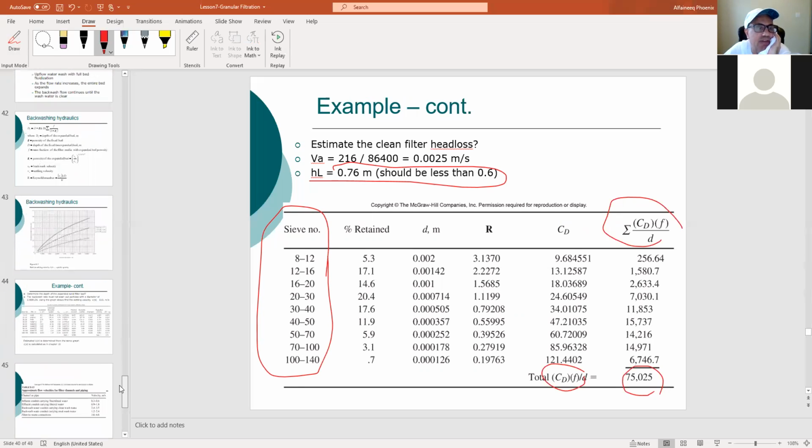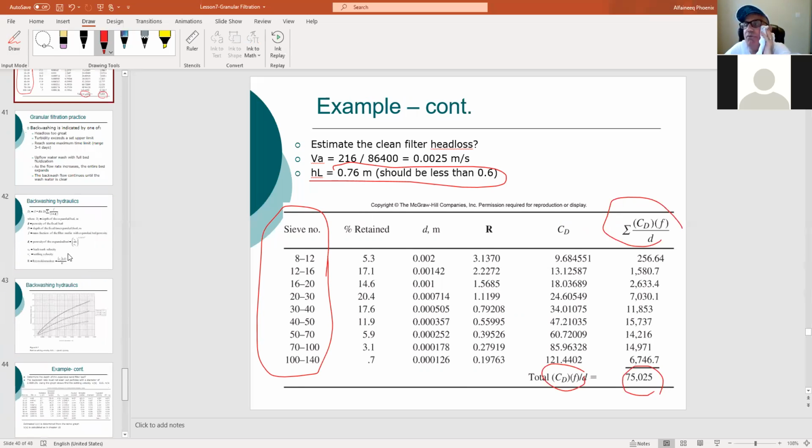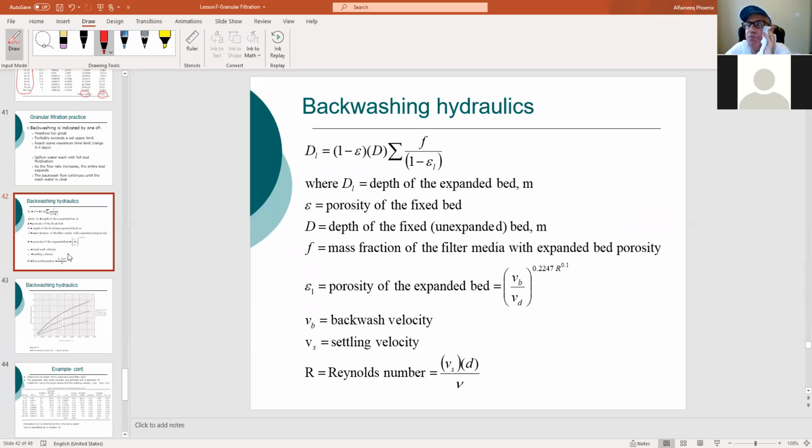Another thing that they calculate is how far the expansion of the bed is going to happen with the backwash. This D1, or DL, is the depth of the expanded bed.